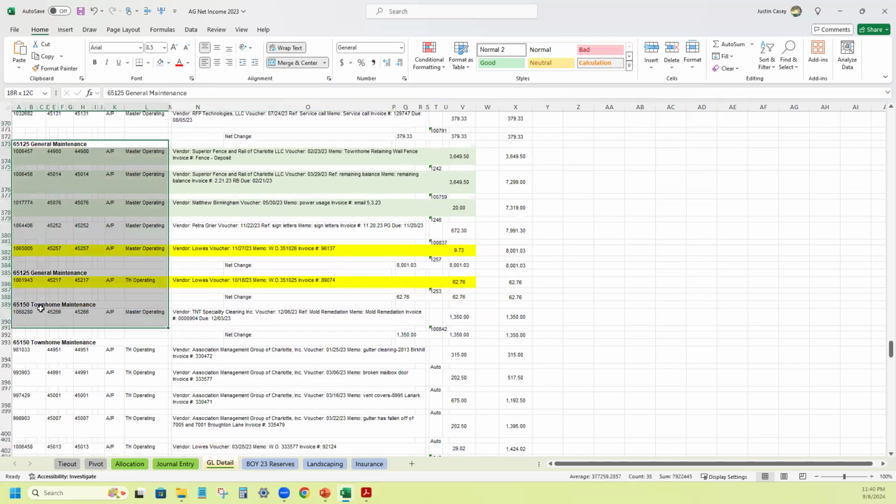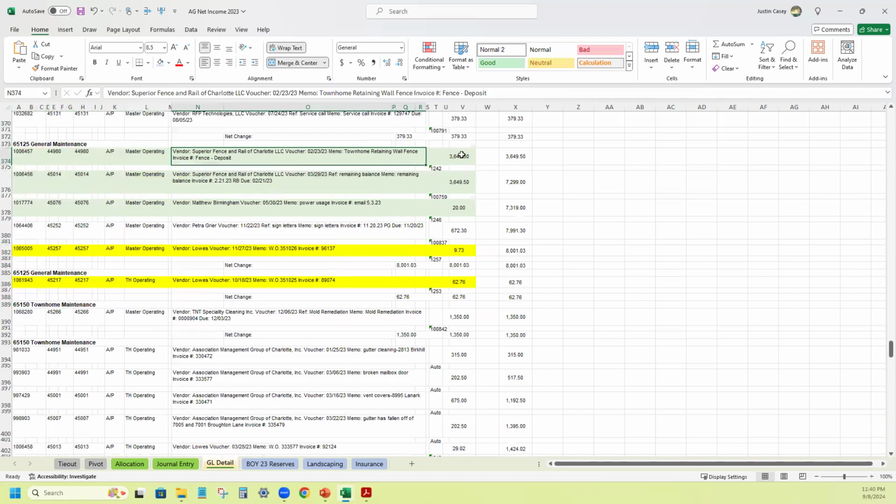So getting into general maintenance and townhome maintenance, this is where you have to pay attention, because for example, this item here, townhome retaining wall fence, was coded to general maintenance. And so at first I'm thinking this is maybe inappropriately coded.